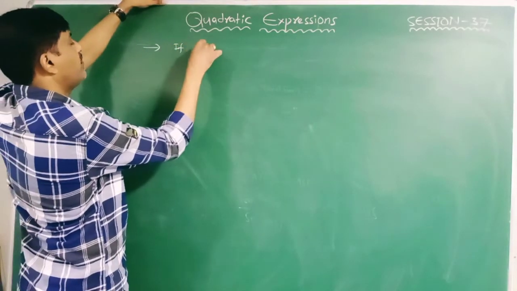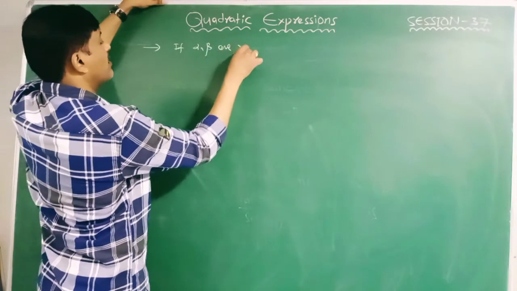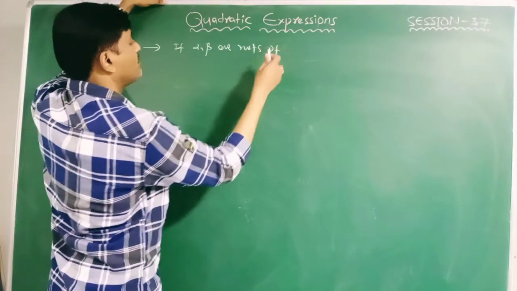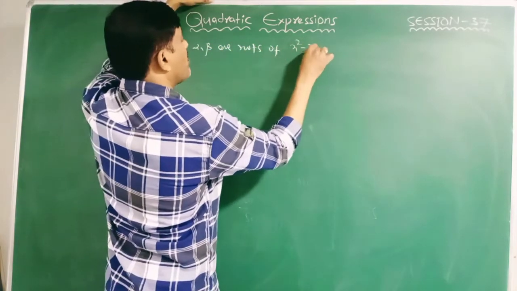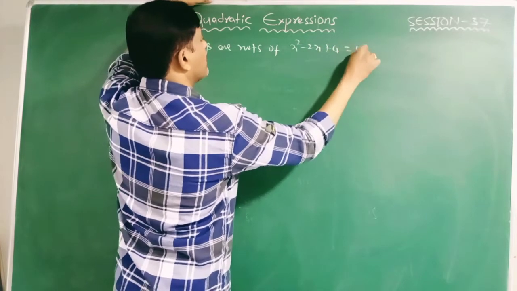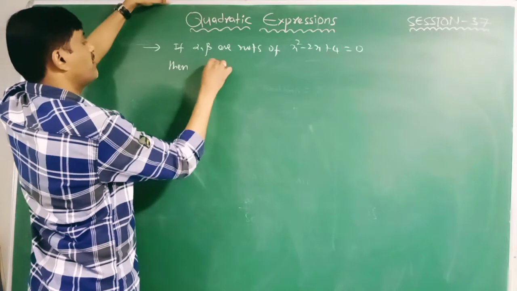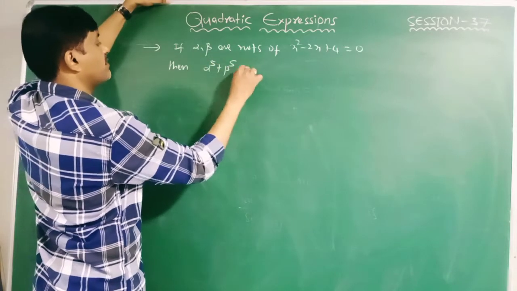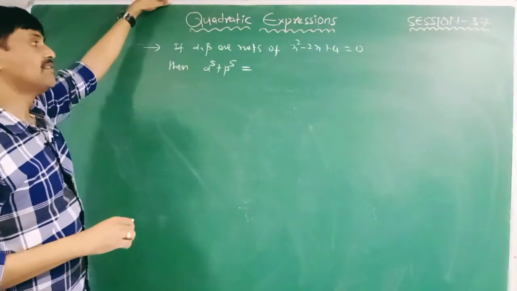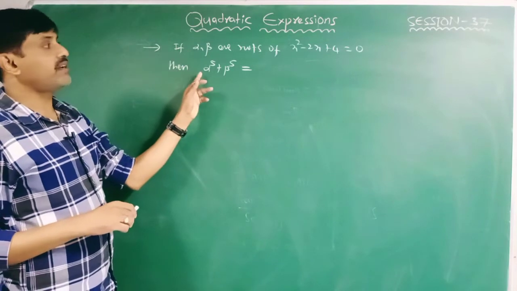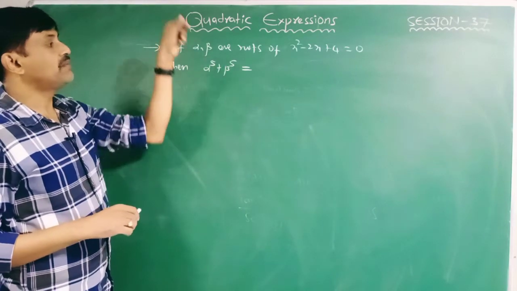If alpha, beta are roots of x square minus 2x plus 4 is equal to 0, then alpha power 5 plus beta power 5 is equal to... Directly we cannot find alpha power 5 plus beta power 5.